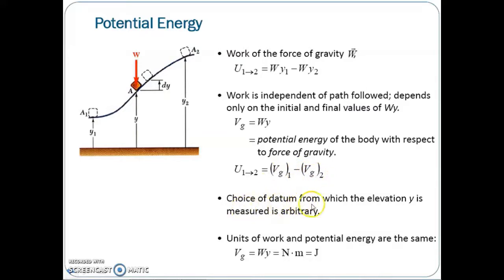The choice of datum from which the elevation y is measured is arbitrary. It can be any random level. The units of work and potential energy are the same, in which Vg equals Wy and the unit is joule or newton meter, N·m.